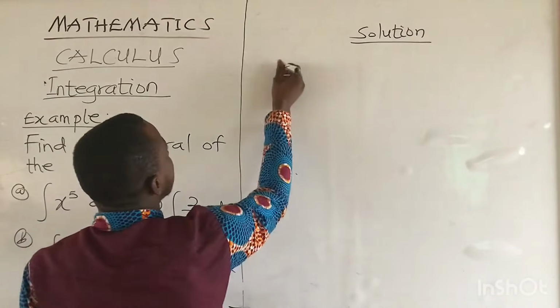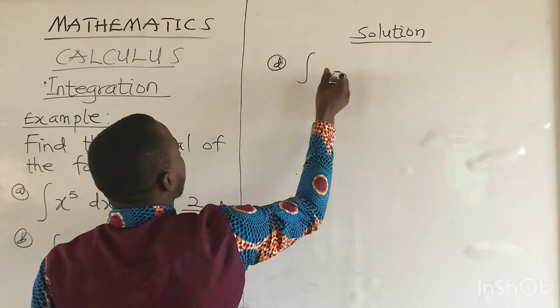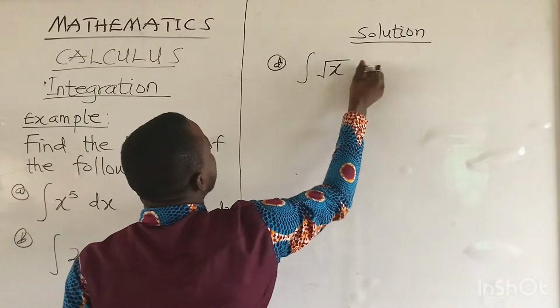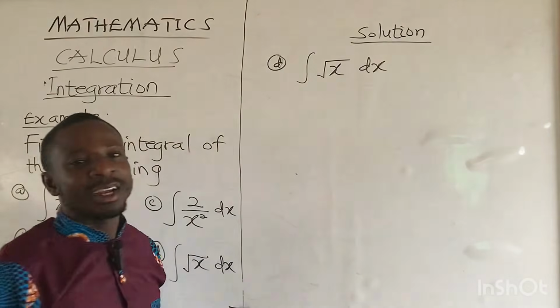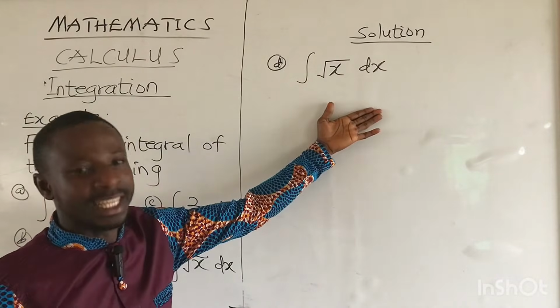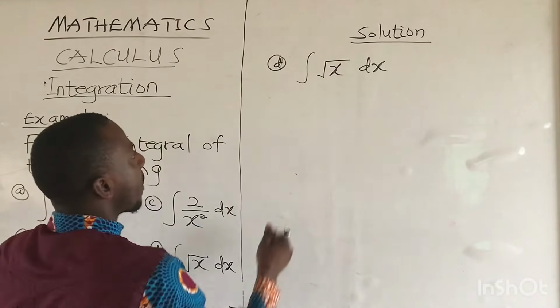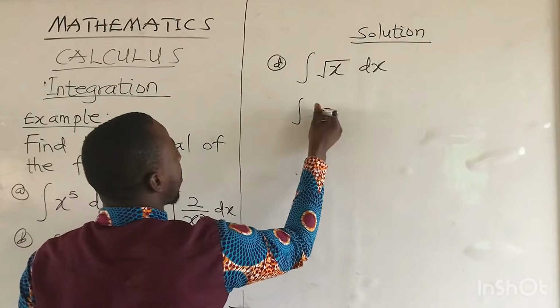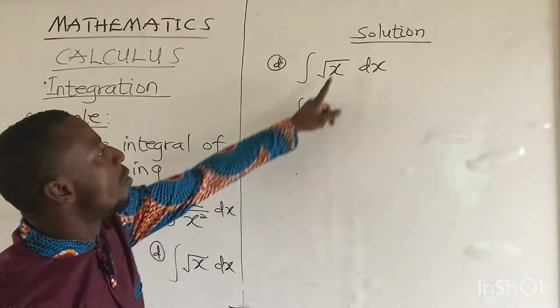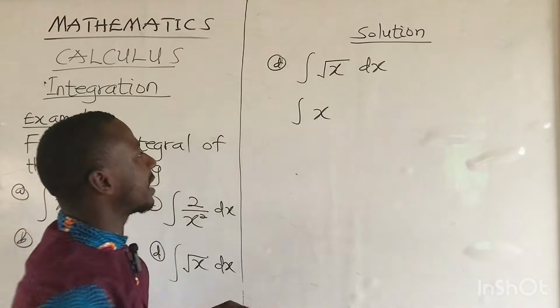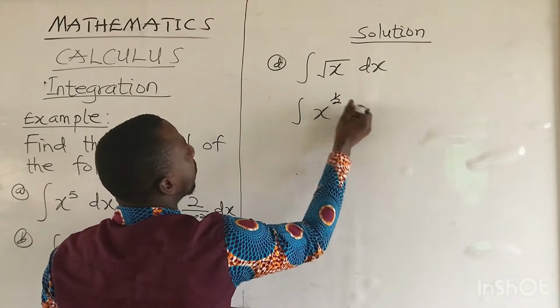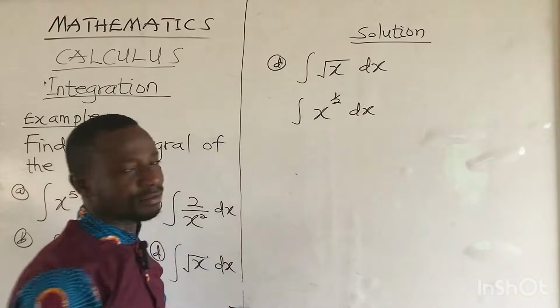We have the integral of root x dx. So we are to integrate this. So we still have integral of x. Root x is the same as x exponent half dx.